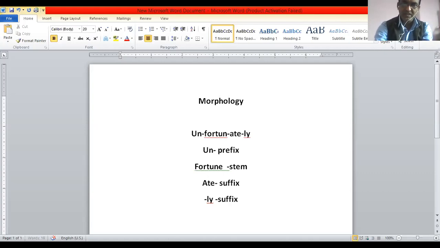In what way or what happens in words like fortune?